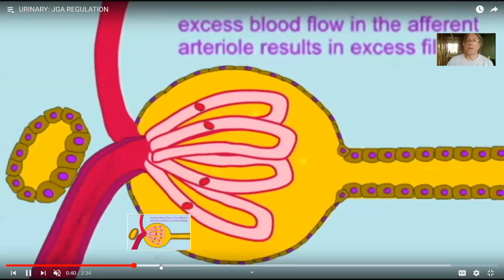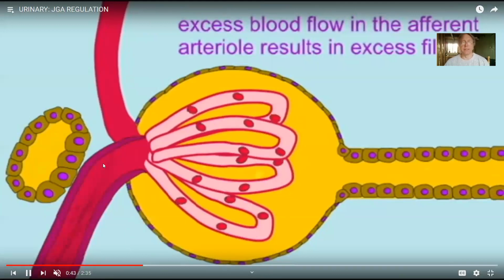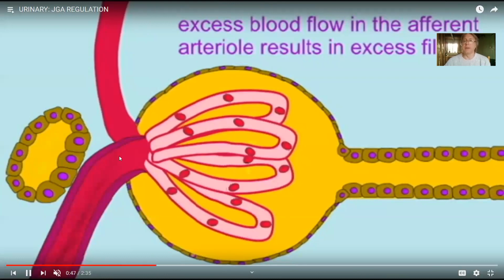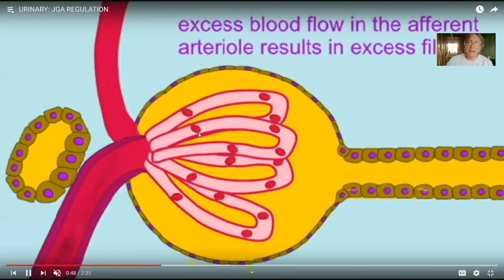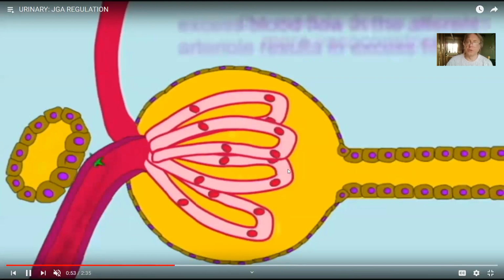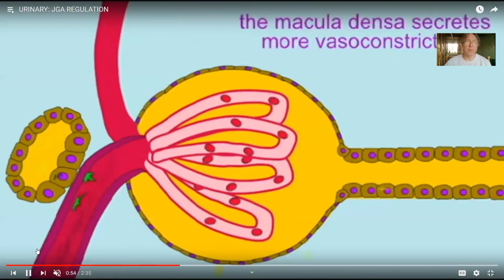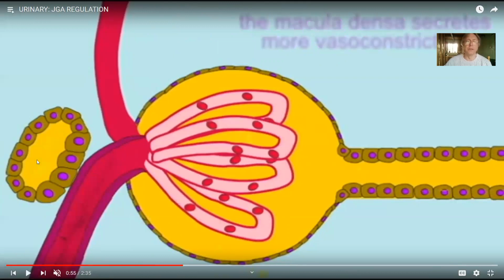But under another scenario, let's imagine, look at all that blood. Let's imagine there's too much blood coming in the afferent arteriole. That would create too much pressure in the glomerular capillaries. That would cause too much filtrate, and then that would cause too much urine to be made.